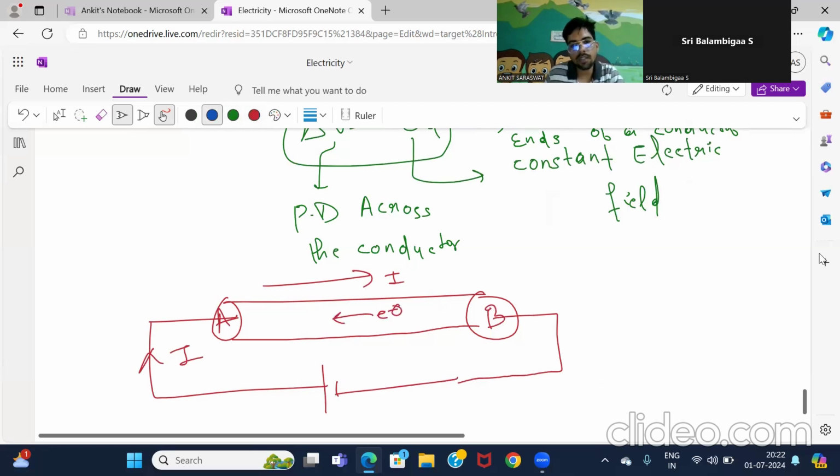Now, delta V is equal to E into d. Then always, how much is the voltage drop from A to B? Delta V will be, tell me, what is that?